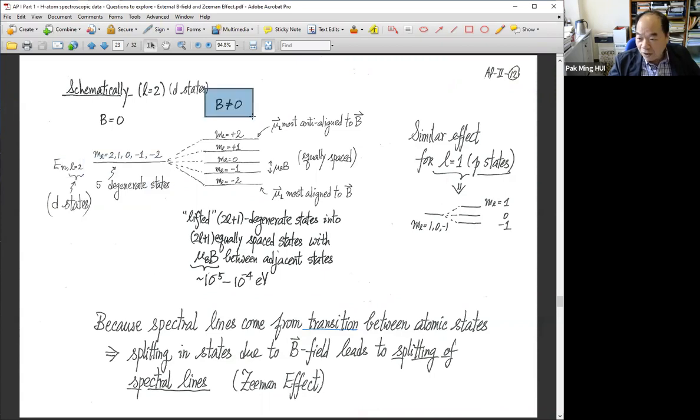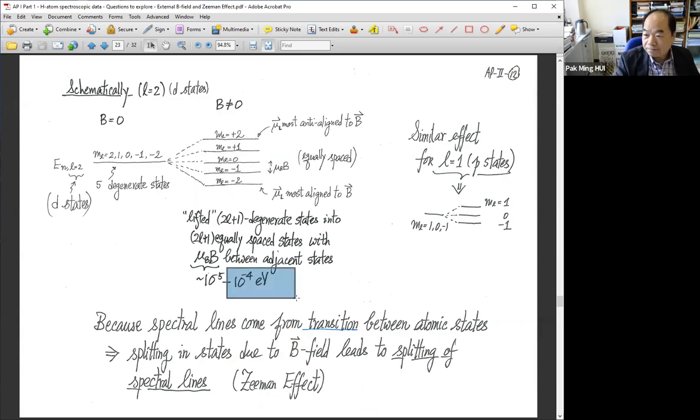You turn on a field, and it becomes something like that. According to the ML value, the energy will be lined up from higher to lower. Nonetheless, the pattern is very nice because they are evenly spaced by this mu_B B that sets the scale, and that cannot be big.